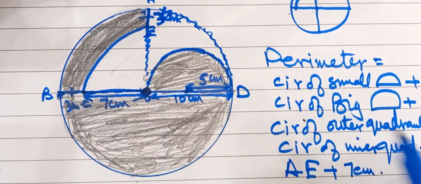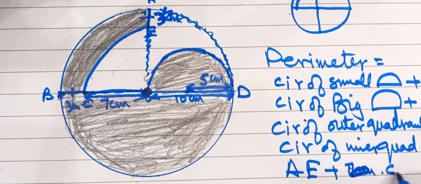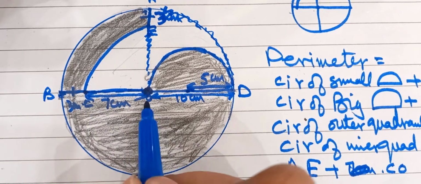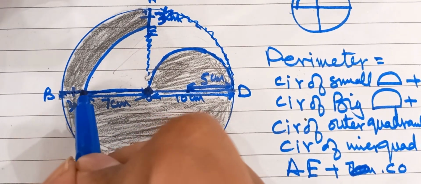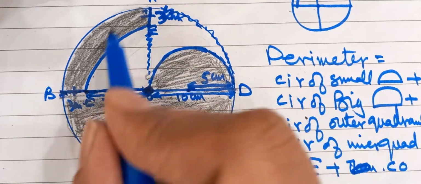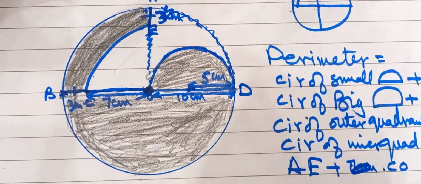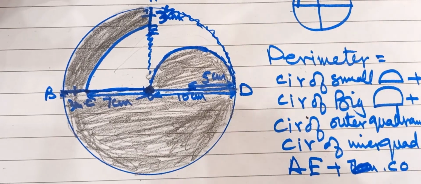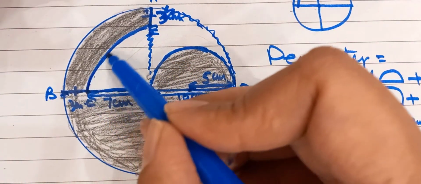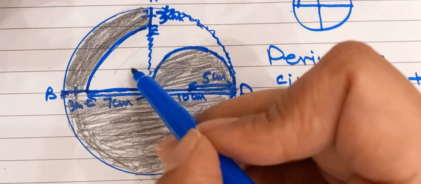This is CO, 7 centimeter, the line from C to O. This other line is not making the outer part of the shape; it is inside the shaded region, and in perimeter the inner things are not counted.